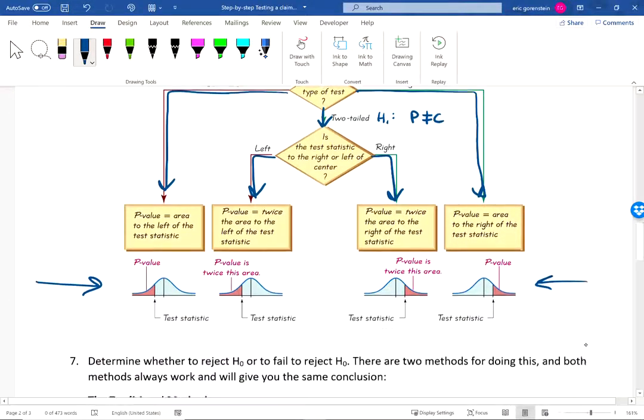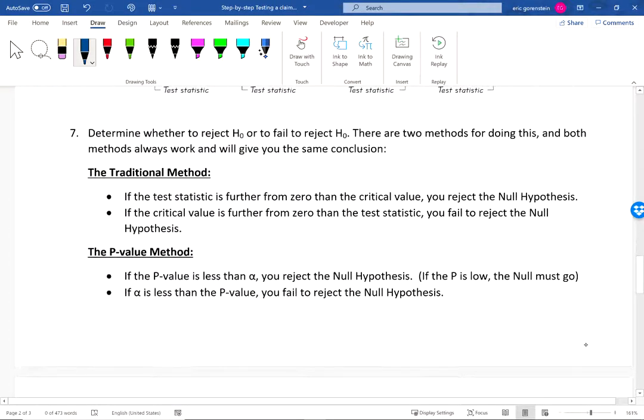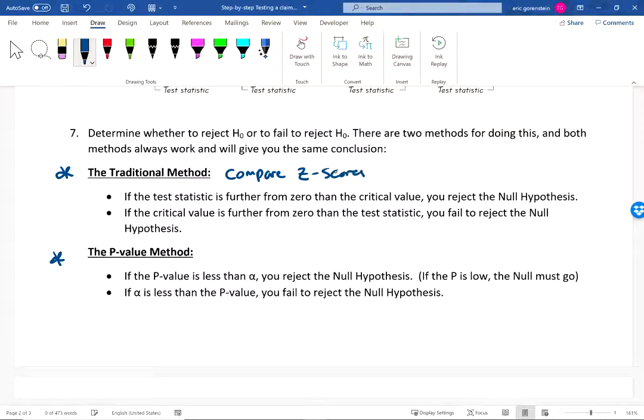And then once you apply either the traditional method or the p-value method, remember with the traditional method, you compare two z-scores. With the p-value method, you're comparing two areas.